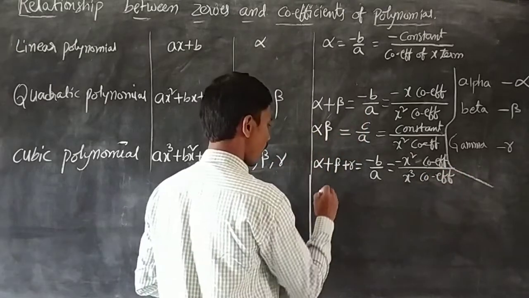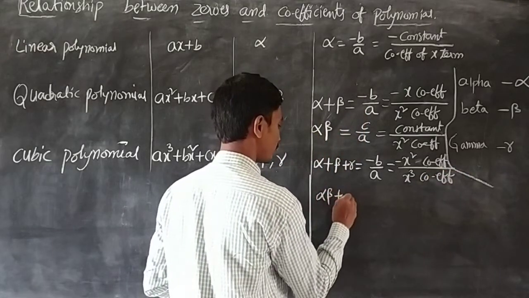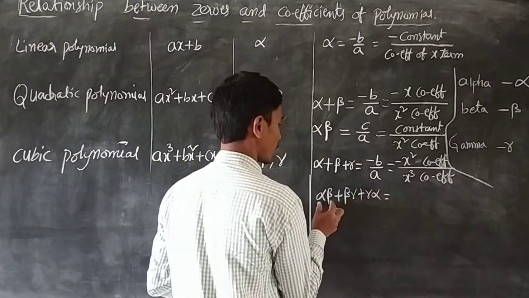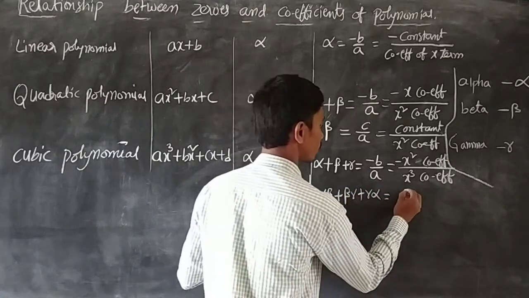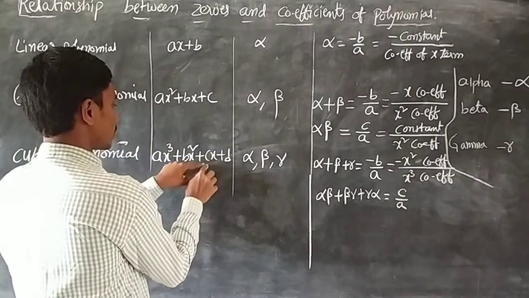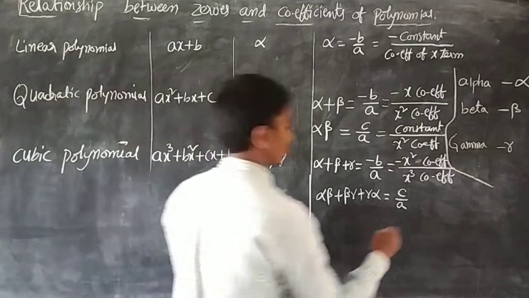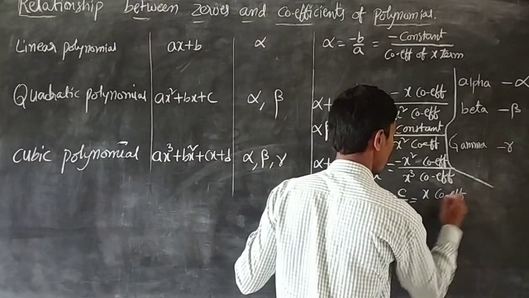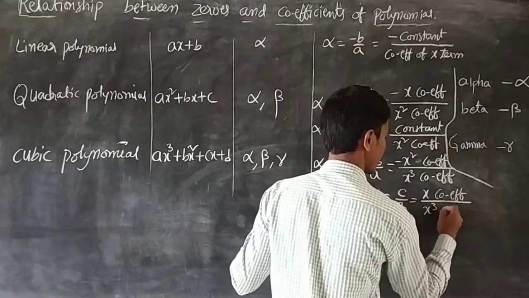Next, alpha beta plus beta gamma plus gamma alpha, which means the sum of the products of the zeros taken two at a time, is equal to c by a. Here c means the x coefficient, a means the x cube coefficient: x coefficient by x cube coefficient.